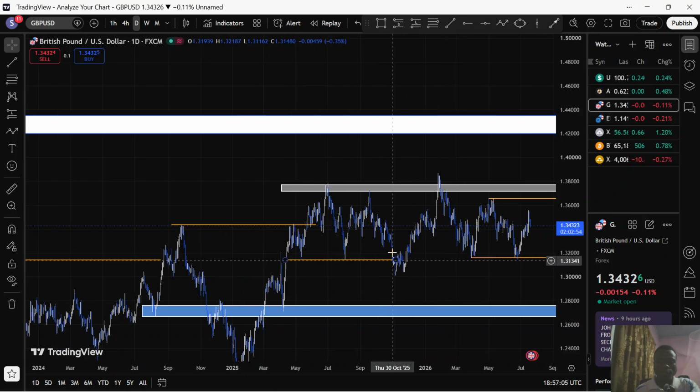Because I was expecting it to drop, take out this low, retrace somewhere from here, and then bam, all the way to the downside. But now, instead, it took out this low, took out the high again, and dropped back.